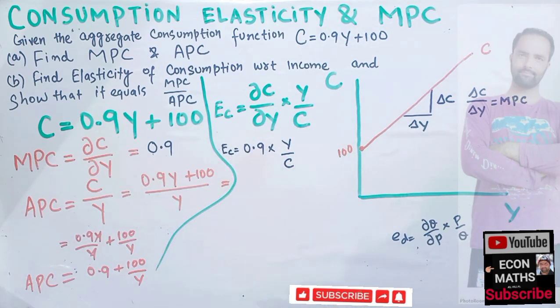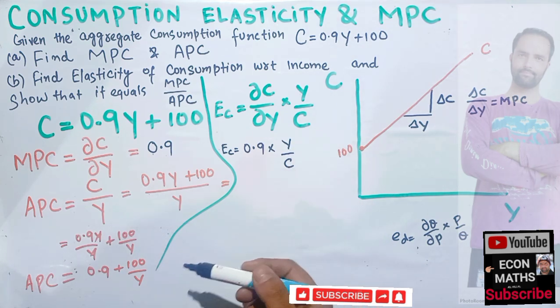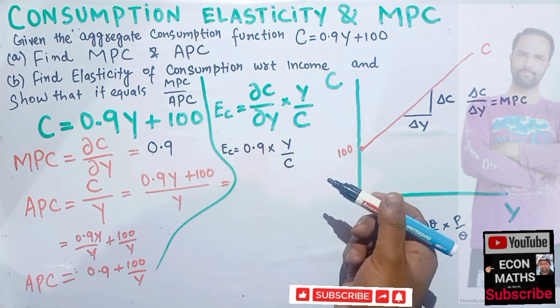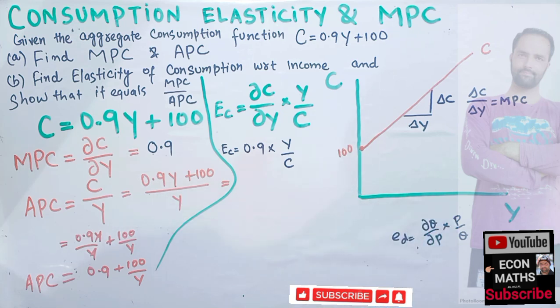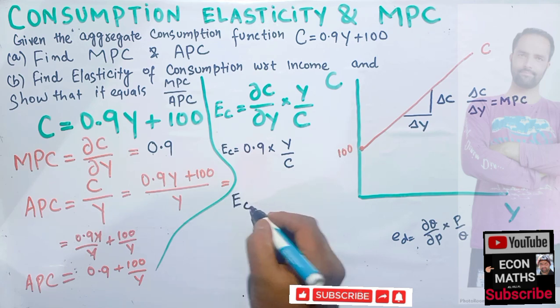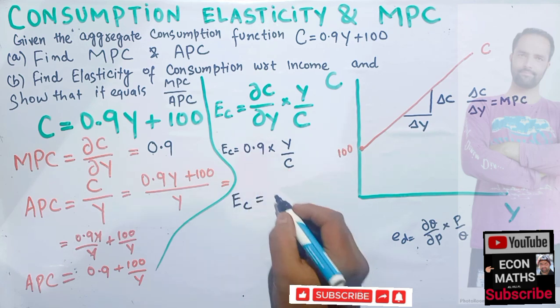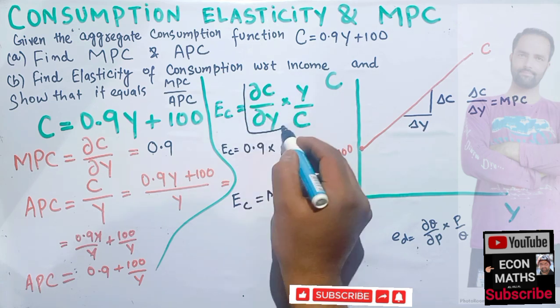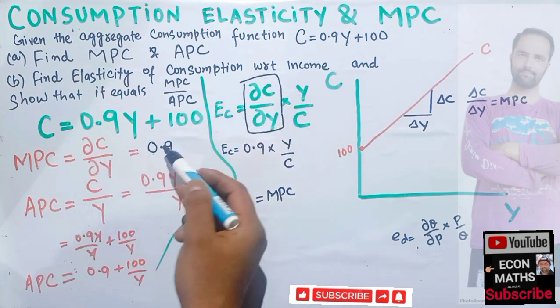Now if we know the value of Y, we can calculate the numerical value of the elasticity of consumption. And we can see easily that this 0.9 in the elasticity of consumption is our MPC, which we calculated here.